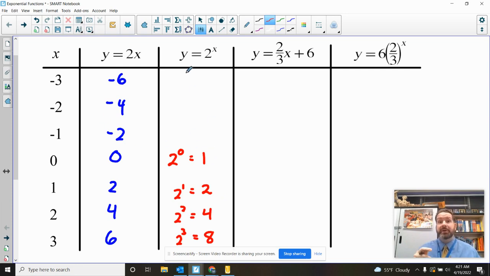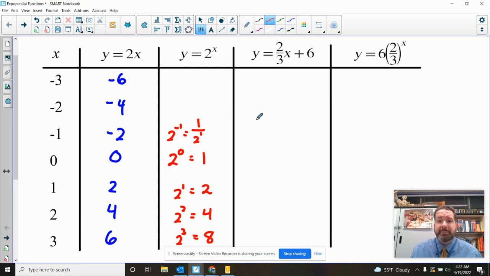Now, as we continue up here, we're going to end up with fractions. That's what negative exponents do. They flip things upside down. So when you take a 2 and flip it upside down, it becomes a 2 in the denominator of a fraction. So 2 to the -1 is the same thing as 2 to the positive first power in the bottom of a fraction.